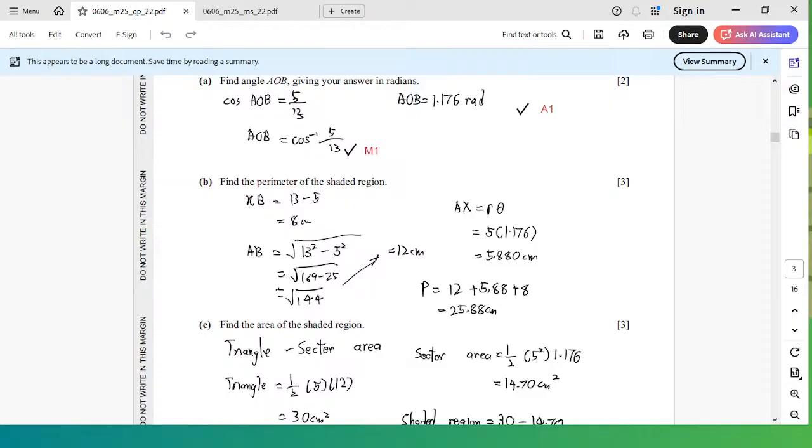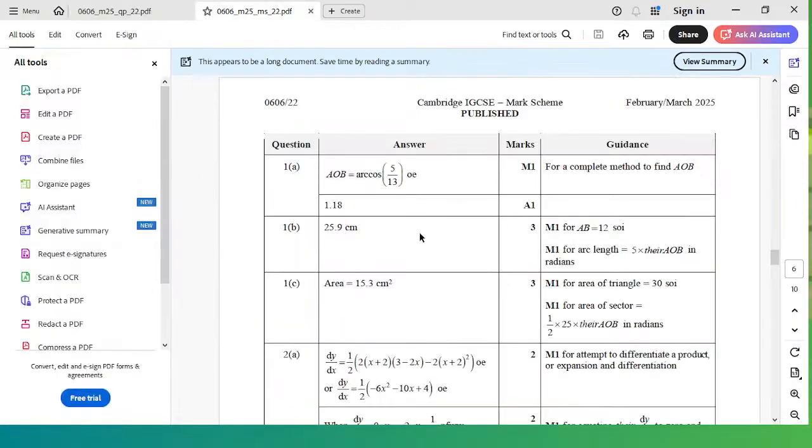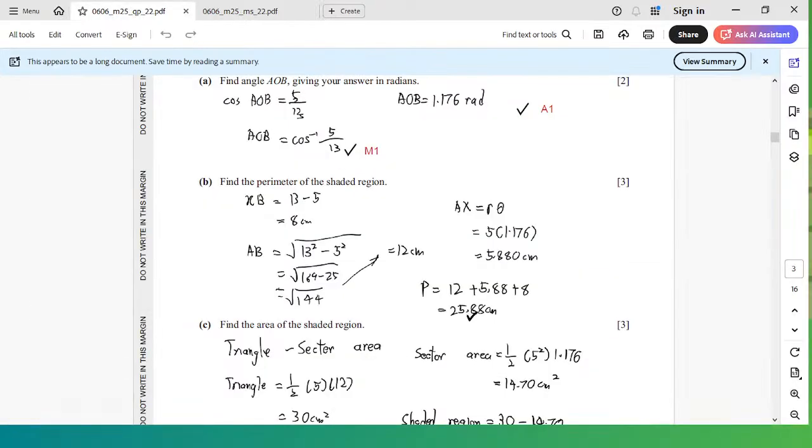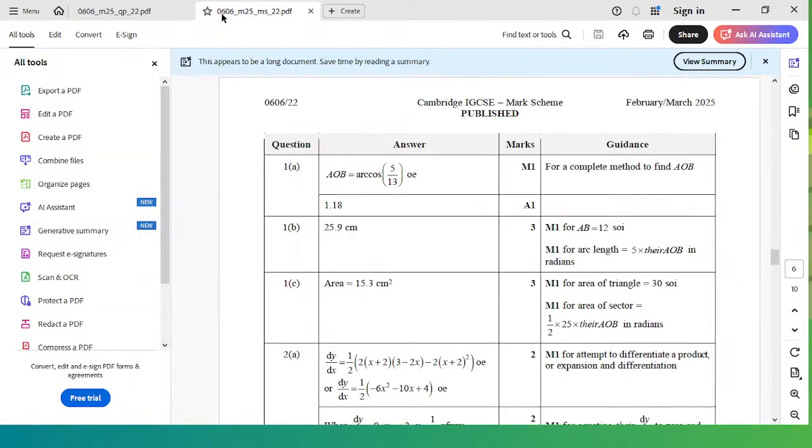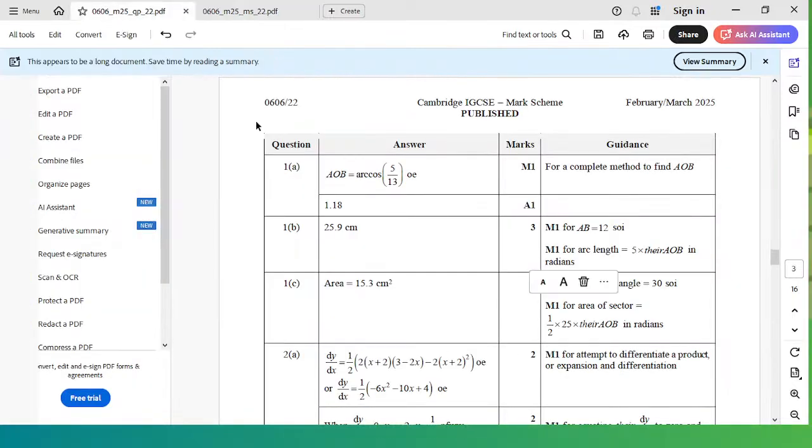Now the next part of the puzzle, you're going to get 25.9. If your final answer is 25.9, 25.8 is good enough. This allows me to pick up all 3 marks from this. The M1 mark will be for AB equals 12 and the arc length.